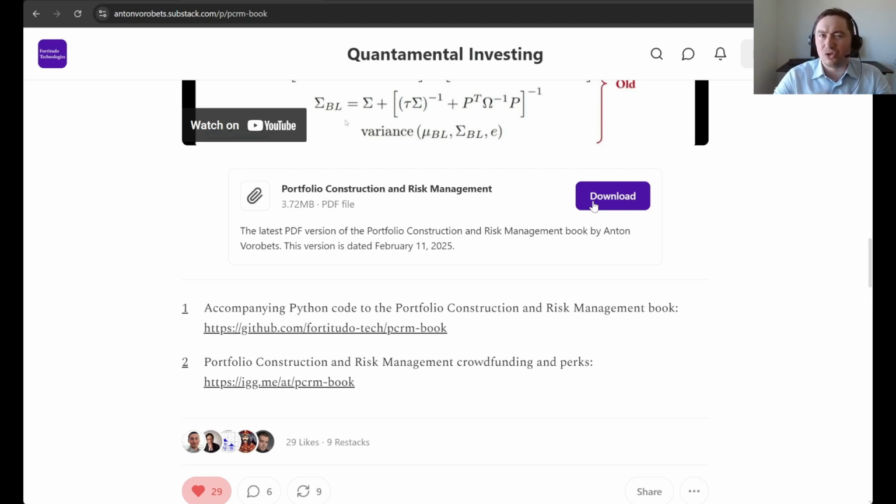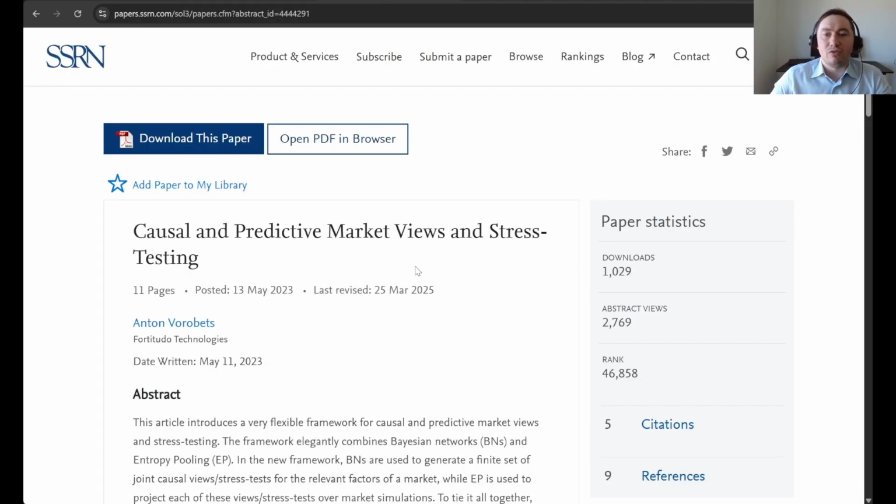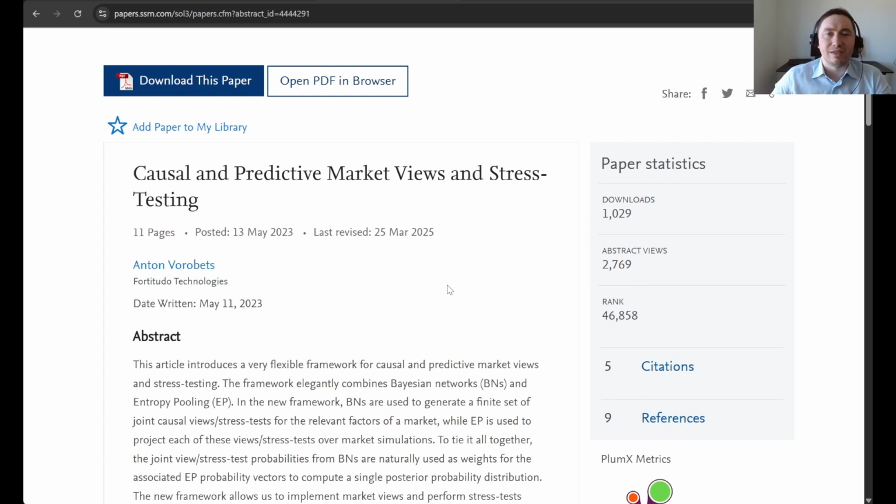So this is what I suggest that you do. This is what will give you the most complete presentation of the theory. But you can of course also just read this article on SSRN, where basically it's just the framework that is presented. It's a bit more to the point in this case, but all the details are still there.